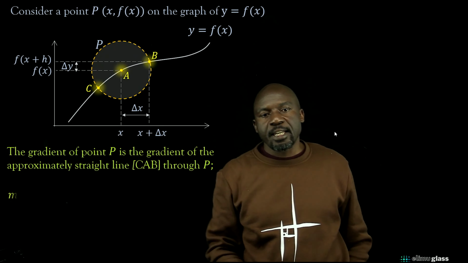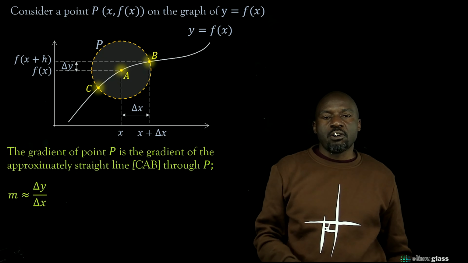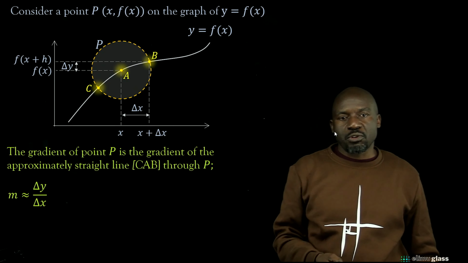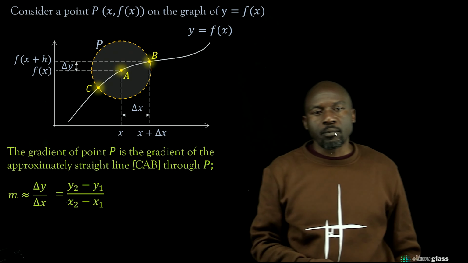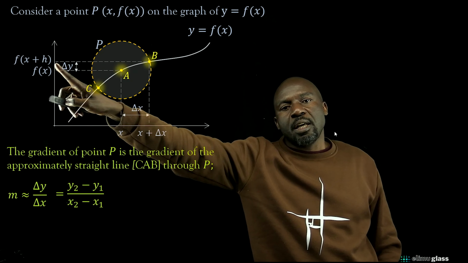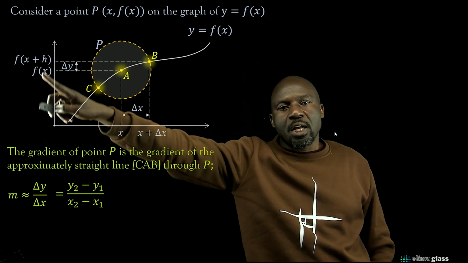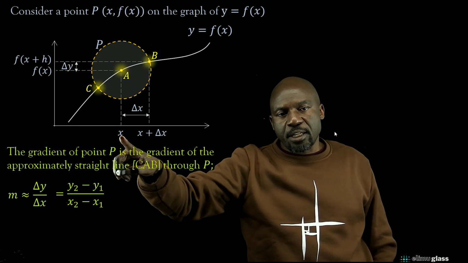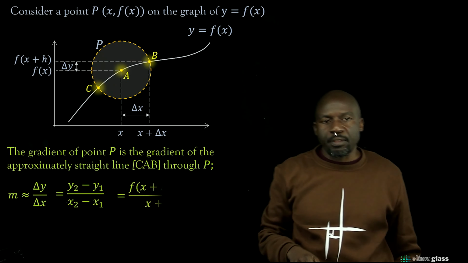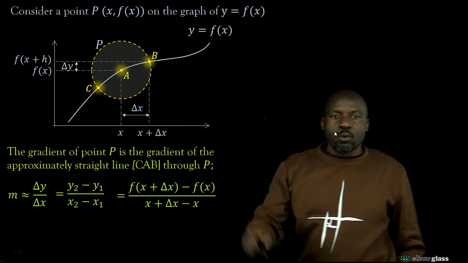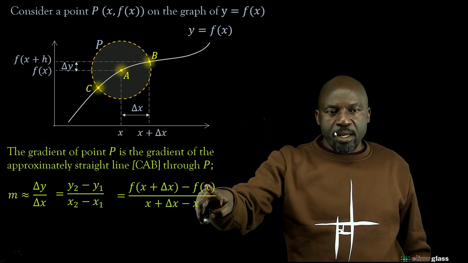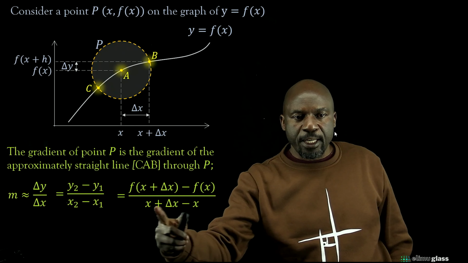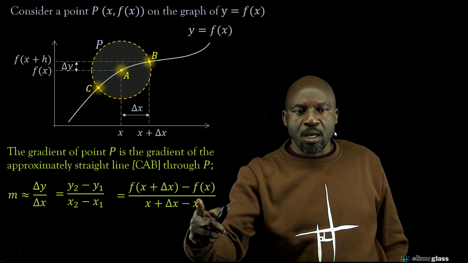and we write the gradient is the change in y over the change in x, which is y2 minus y1 over x2 minus x1. From here we can see this is my y2 and this is my y1 and this is my x2 and this here is my x1. So if we write that down, we get y2 minus y1 over x2, where x plus delta x is my equivalent of x2, subtract x.